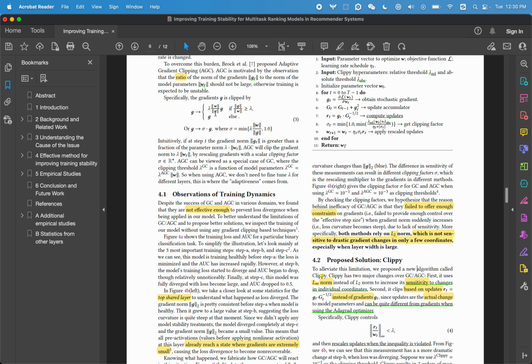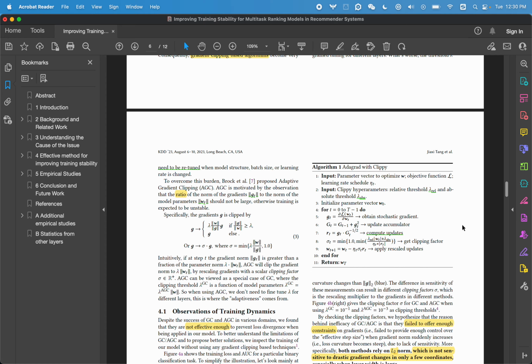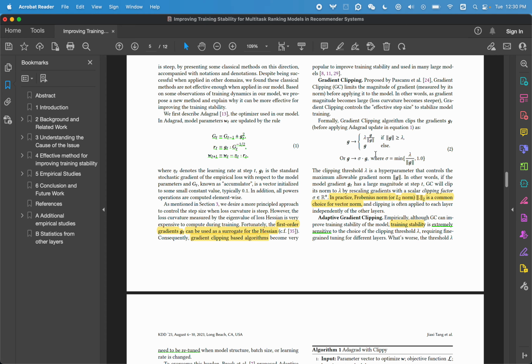If you have a very sparse tensor, where most elements are close to zero, and one or two of them are really high, like a 5 or -6, the L2 norm isn't much. It's not that sensitive, so it won't trigger the clipping.